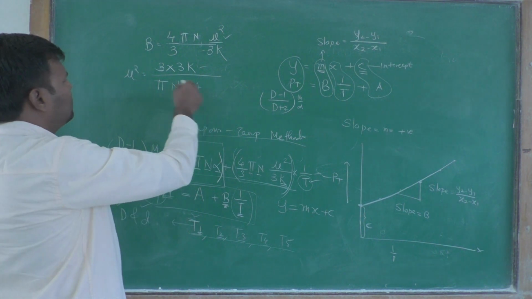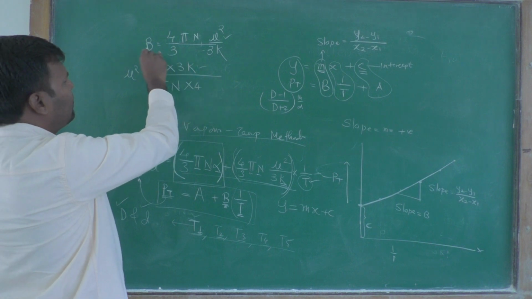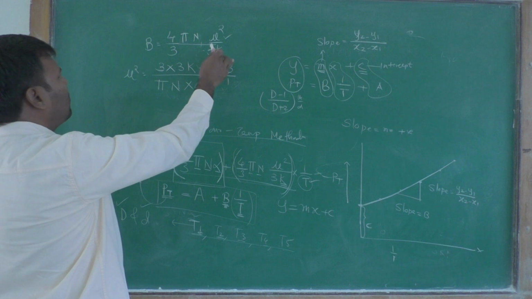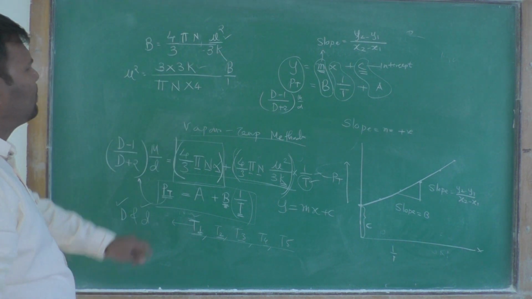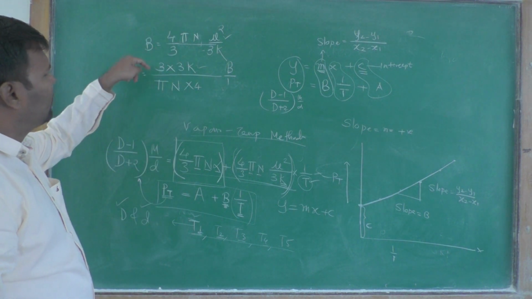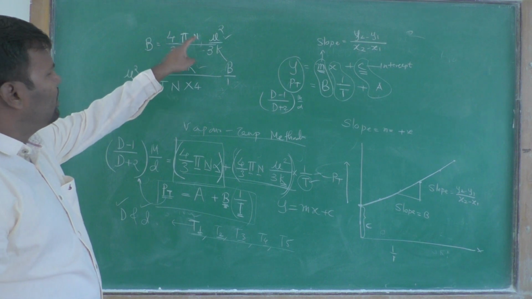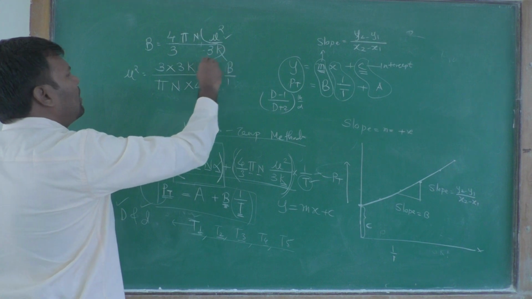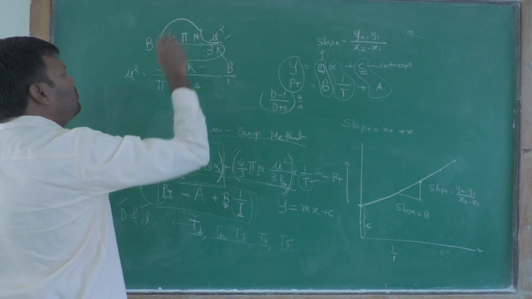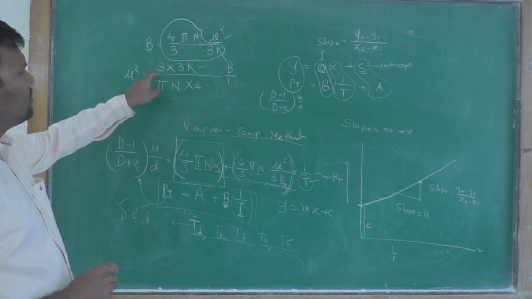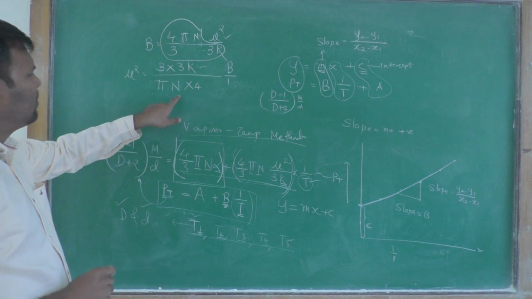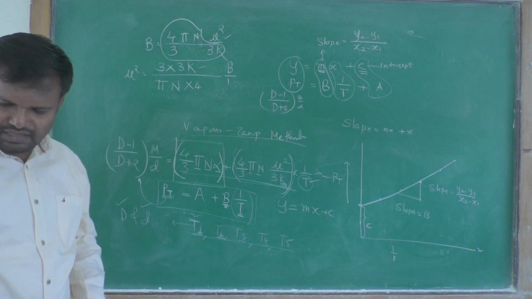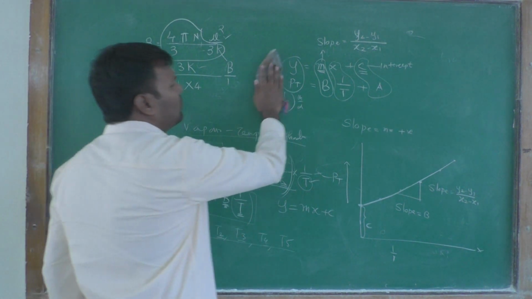Therefore b will be at that position. All this we transfer to this side: 3 into 3k upon 4 pi n. Like that all this quantity is at one side, we only put the mu square, and b is as it is. Like that we find out that equation.